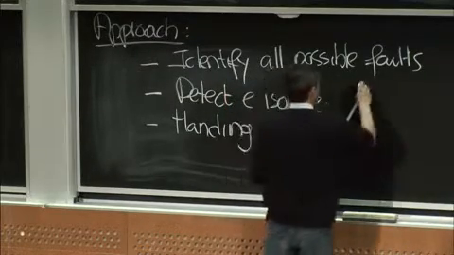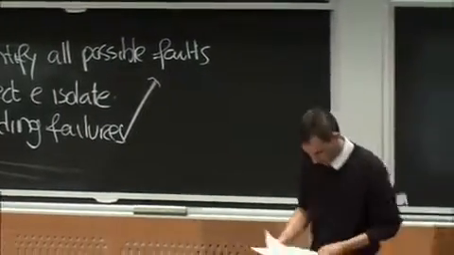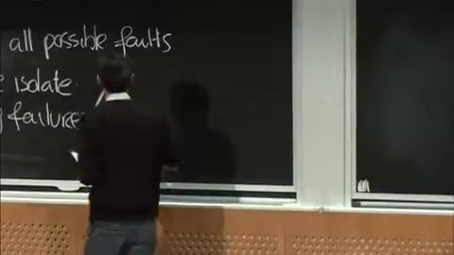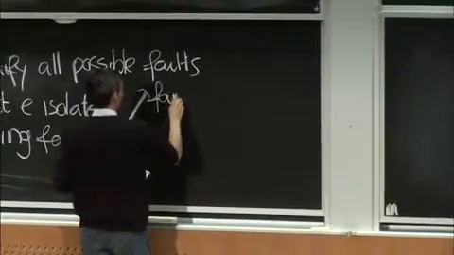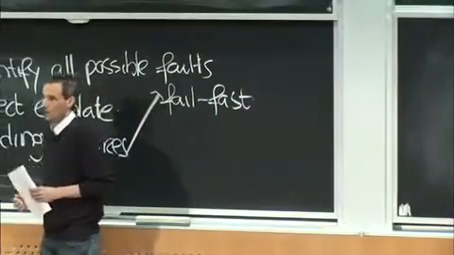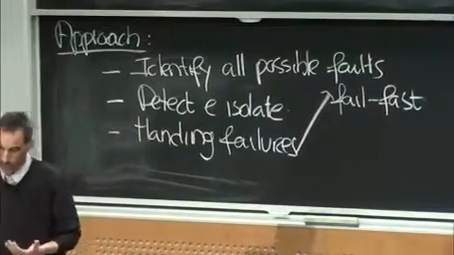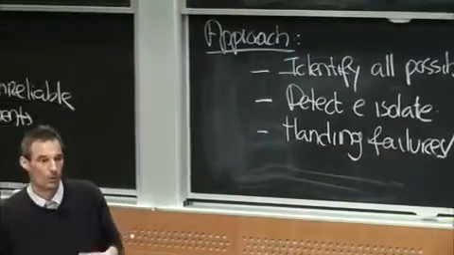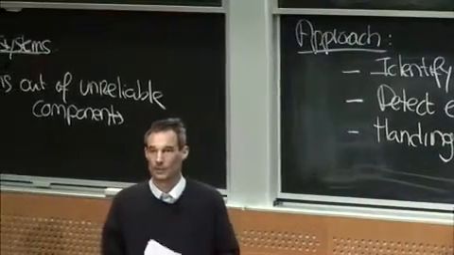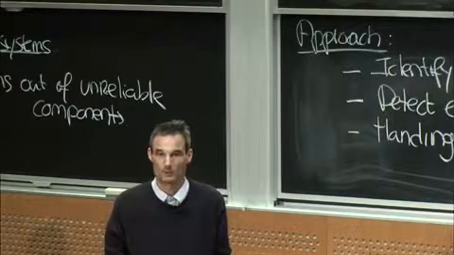The first option is actually to make the system or a component that has a fault fail fast. And this means that if the component detects internally an error or a fault, it will generate an error, or return an error code on this interface, as quickly as possible.